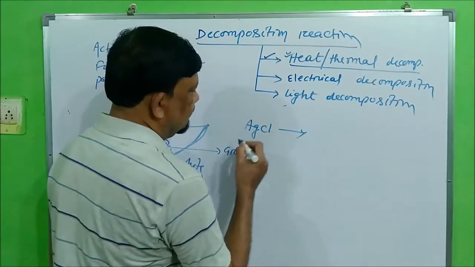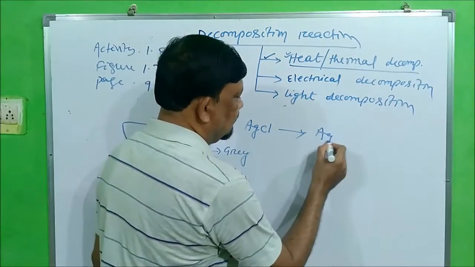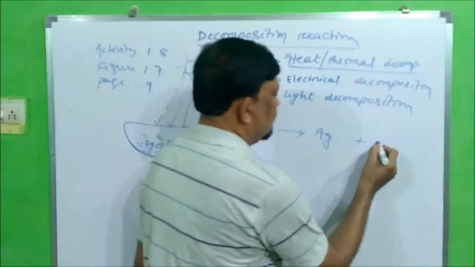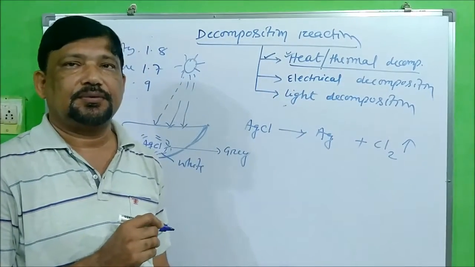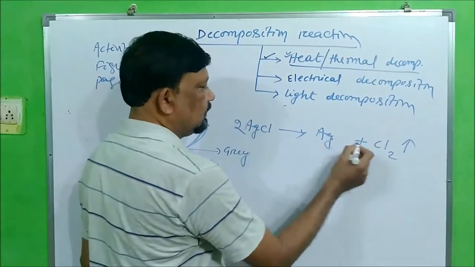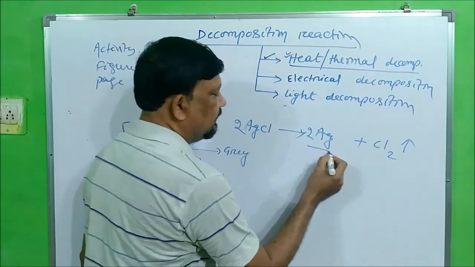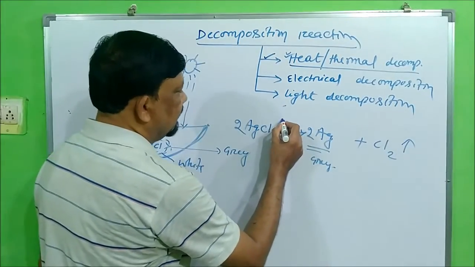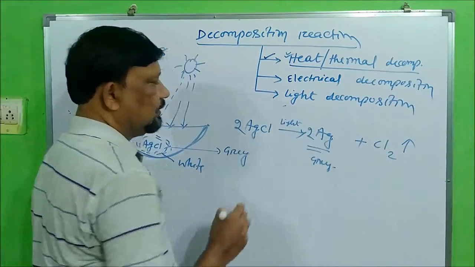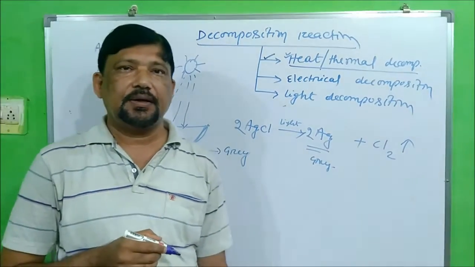Silver chloride changes to silver plus chlorine gas released out. So balance this equation. Silver is gray in color. As it occurs in the presence of sunlight, it is called a light decomposition reaction.